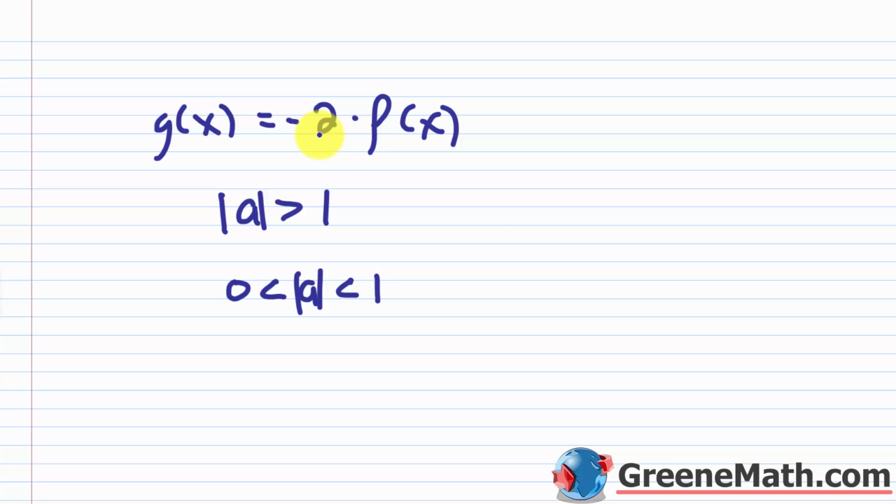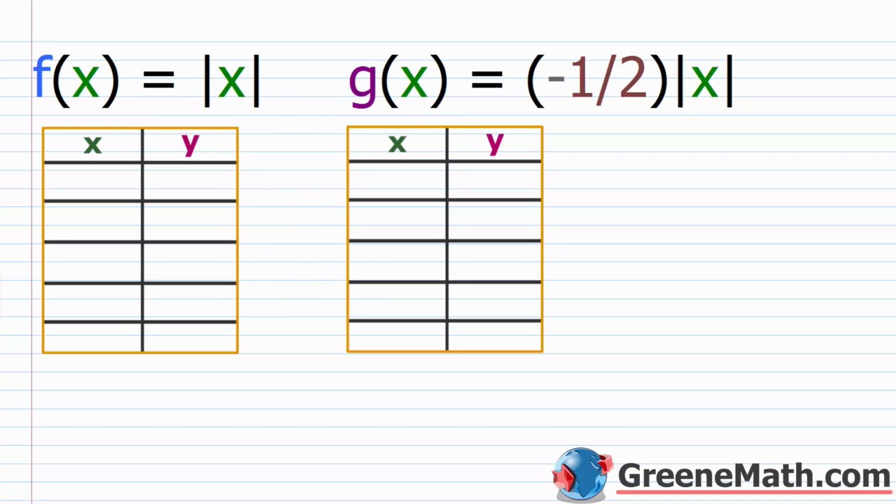So let's look at an example of this, and then we'll go on to horizontal stretching and compression. Suppose we had f of x equals the absolute value of x, and g of x equals negative 1/2 times the absolute value of x. I can define g of x as negative 1/2 times f of x. I've got this negative right here.